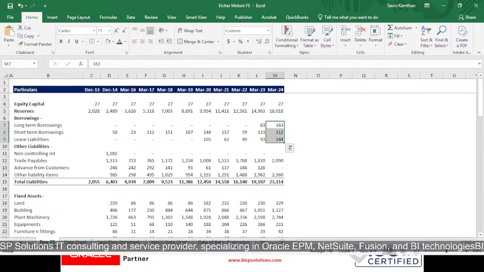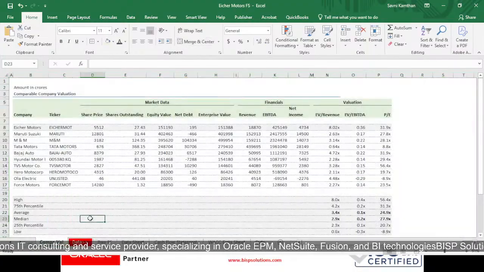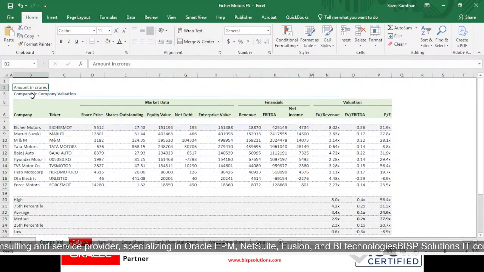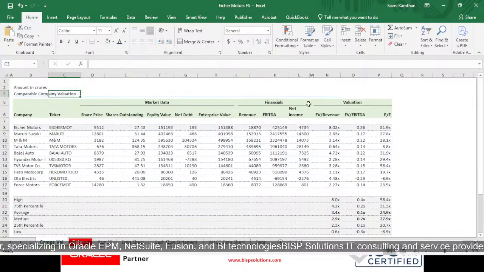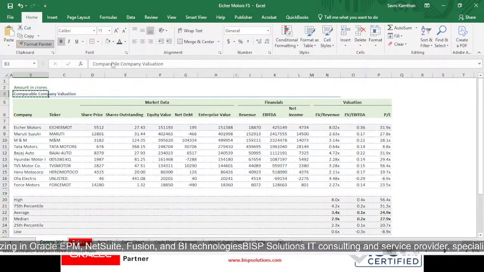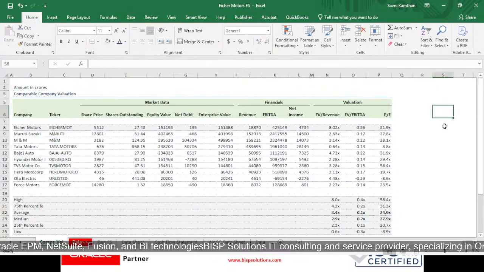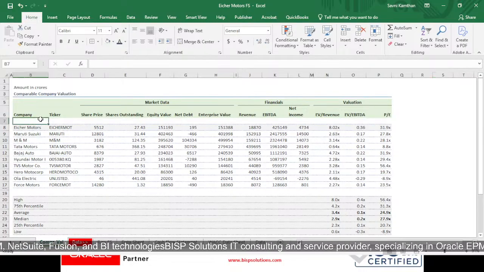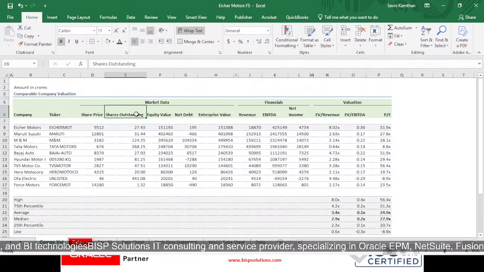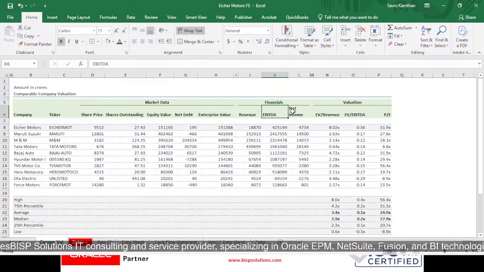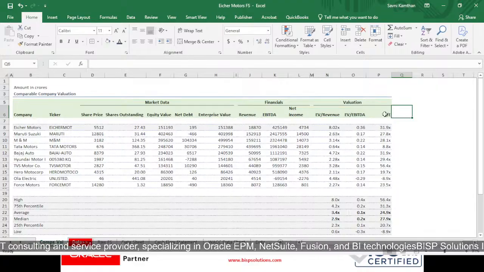Now we will be moving to our comps valuation, right? I have provided the amount in crores heading, then comparable company valuation. I have given company name, ticker, share price, shares outstanding, equity value, net debt, enterprise value, revenue, EBITDA, net income, EV upon revenue, EV upon EBITDA, and PE ratio, right?